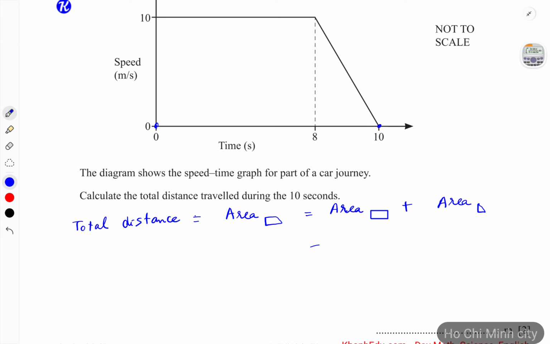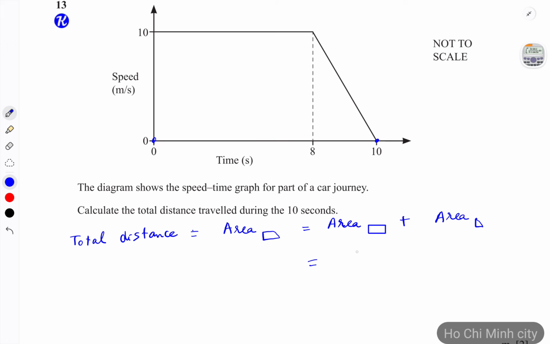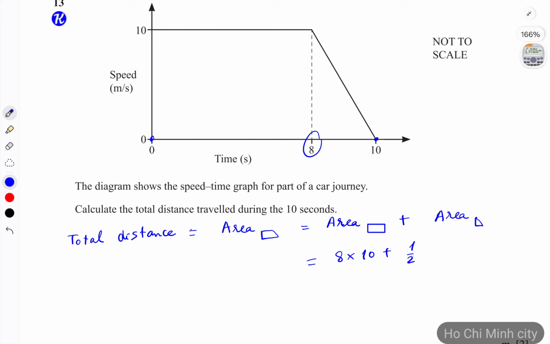So the rectangle is 8 times 10, plus 1 over 2 times the area of a triangle, which is going to be 10 minus 8, and then multiply with the height, which is 10.